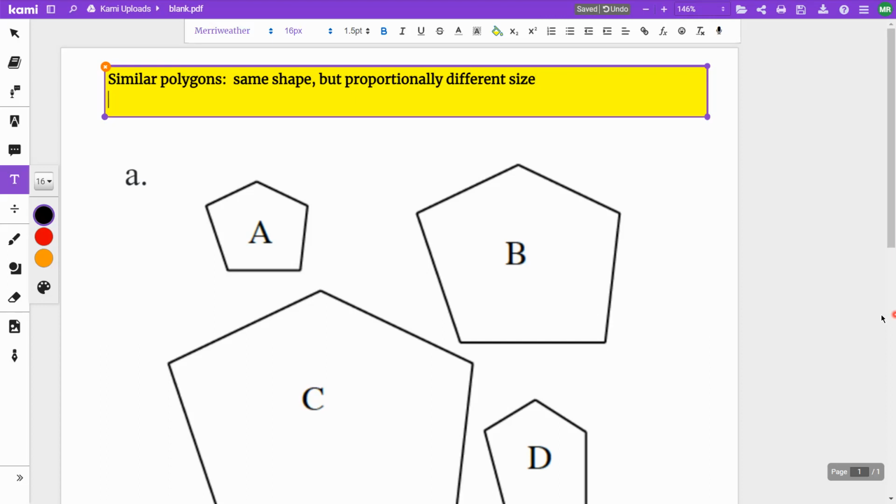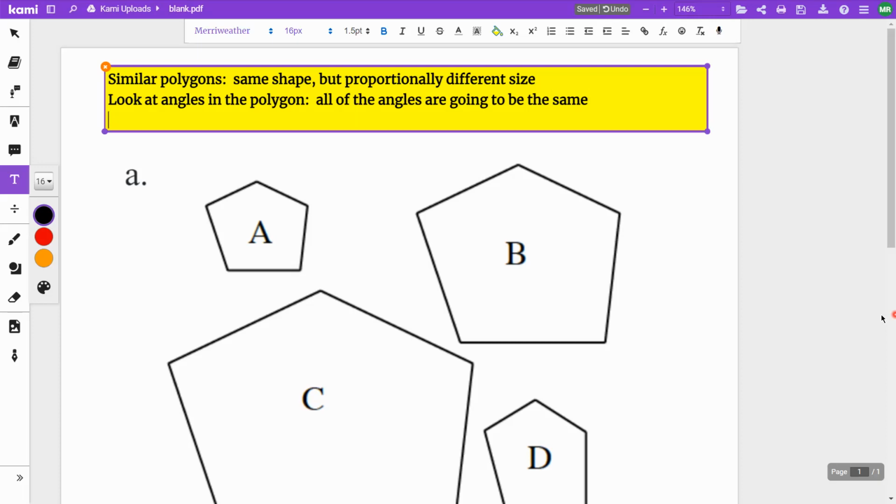And a lot of times we look at the proportions of the sides and we look at the angles in the polygon. What needs to be true is all of the angles are going to be the same. And if all the angles are the same, then the shapes are going to be similar. They're going to be proportionally just different sizes.